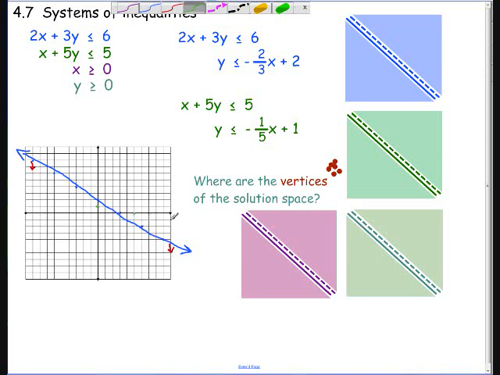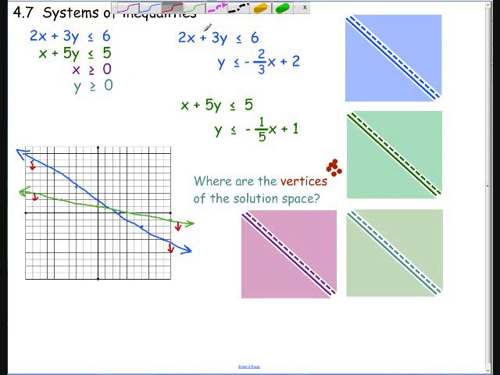Down 1 over 5. So this is a very shallow one. Try to draw it straight for you. So that's the other boundary line. And which side of this are we interested in? Yes, this one is also less than.